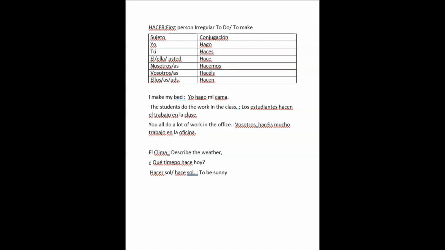Okay, so if the weather is good, you can say hacer or hace. Hacer is the infinitive form, and hace is the conjugated form. So hace buen tiempo means to be good weather or pleasant weather.